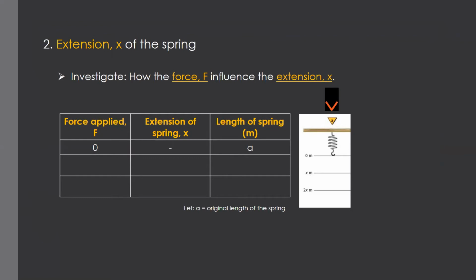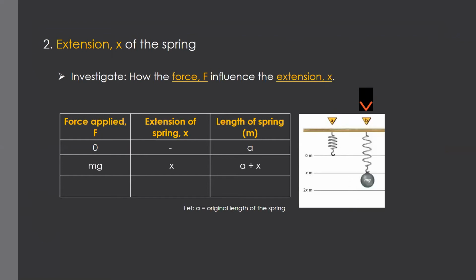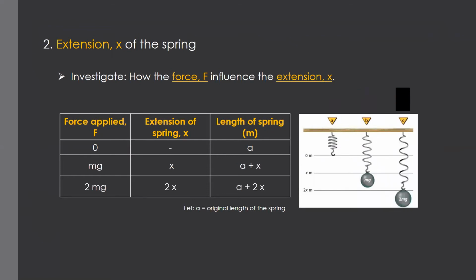So, the original length of the spring, we take it as A, and there is no extension yet. When we put a load of mg, the spring is stretched. So the extension is x and the length of the spring becomes A plus x. Next, when we put a load of 2mg, the spring is stretched 2 times longer, which is 2x. So the length of the spring becomes A plus 2x.